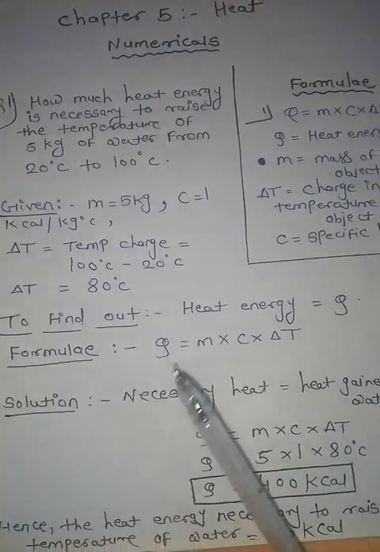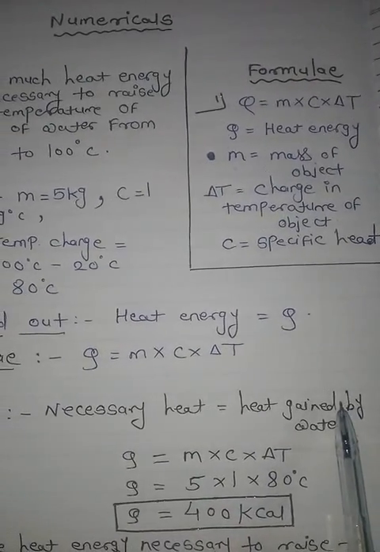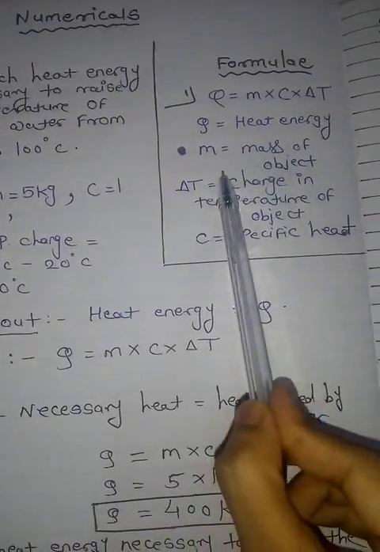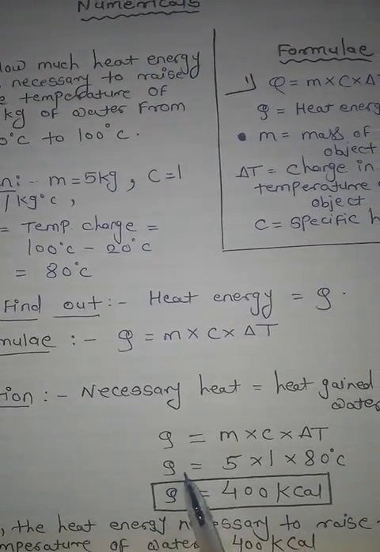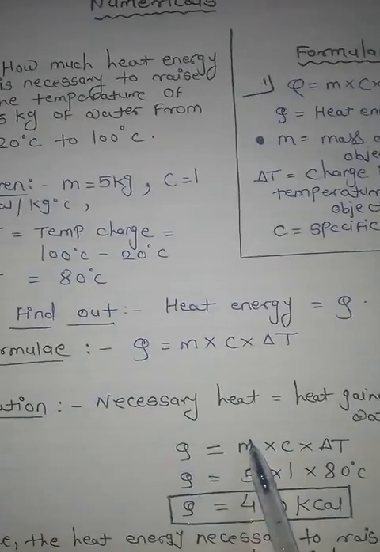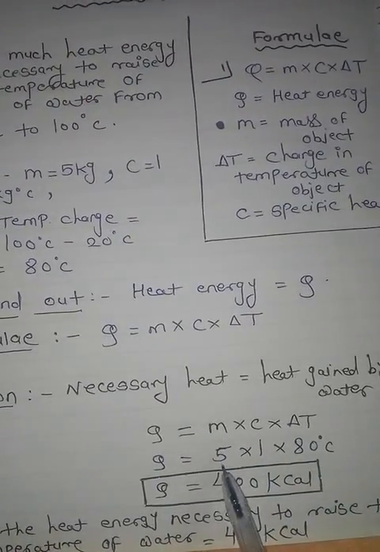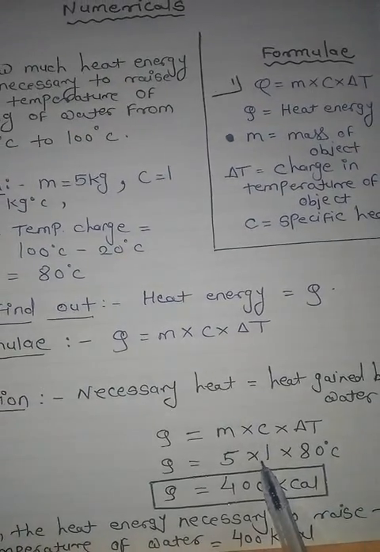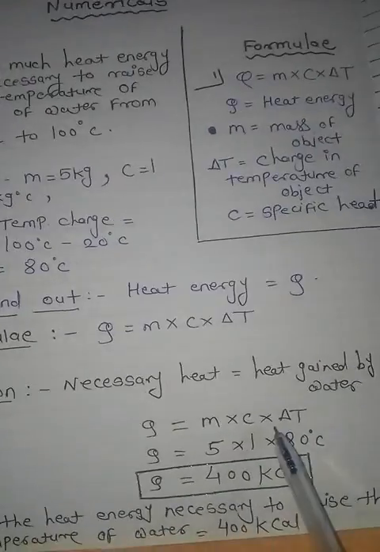In the solution, the necessary heat is equal to the heat gained by water. So Q is equal to M into C into delta T. We have to find Q. The value of M is 5 kg, C is equal to 1, and delta T, the change in temperature, is 80 degrees Celsius.